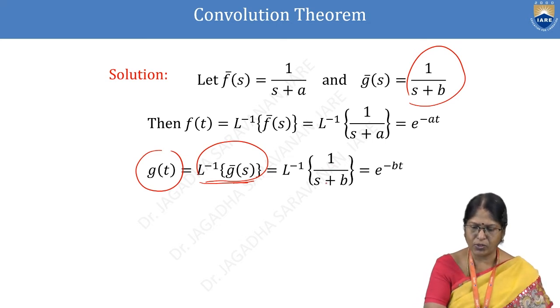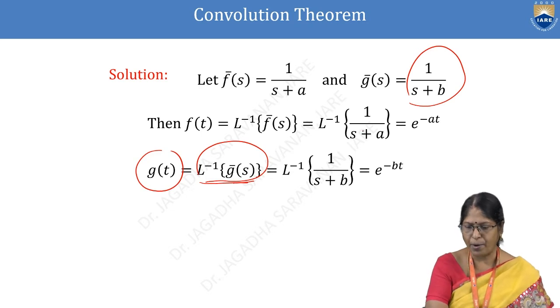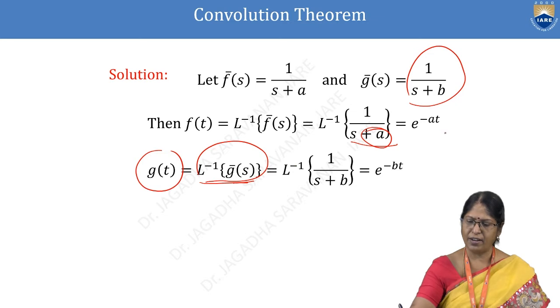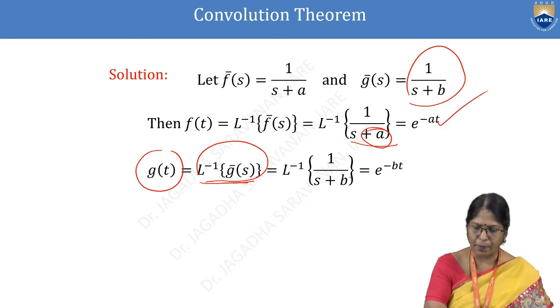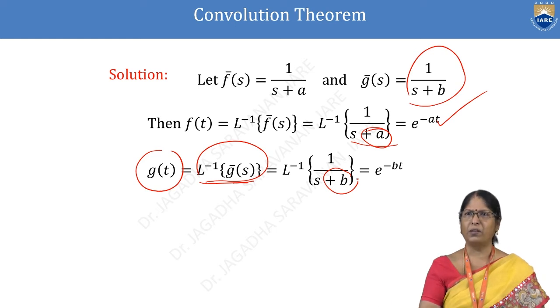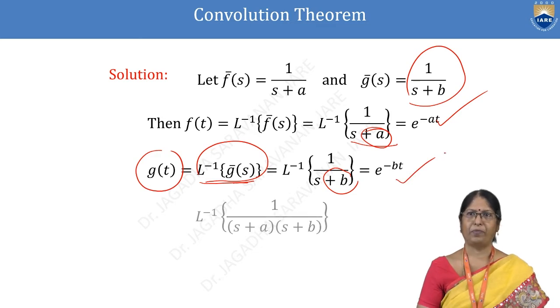So L inverse of 1 by s plus b. Earlier, with 1 by s plus a, the result was e power minus at. Here plus b is there, and in a similar manner, it is very easy: e power minus bt.